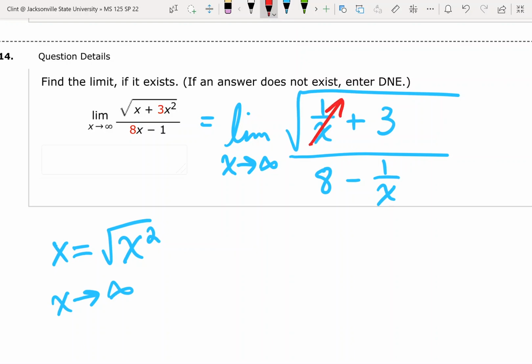And then there's a 0, there's a 0. What do we end up with? Yeah, square root of 3 over 8. You could have checked yourself with the shortcut on that, because the square root of x squared would be x, so these would have the same degree. Root 3 over 8.